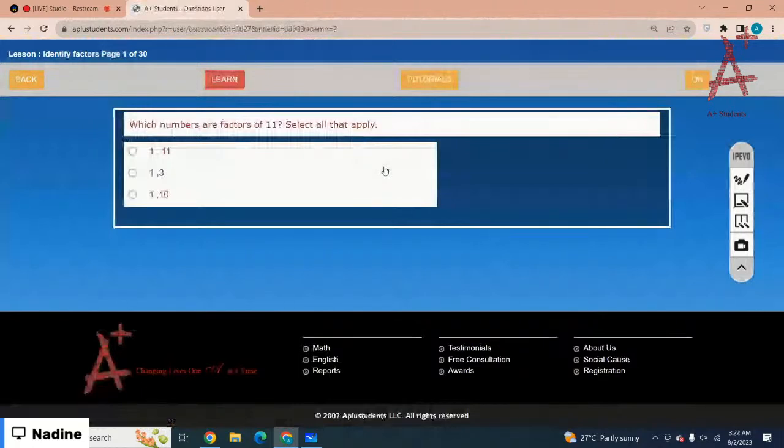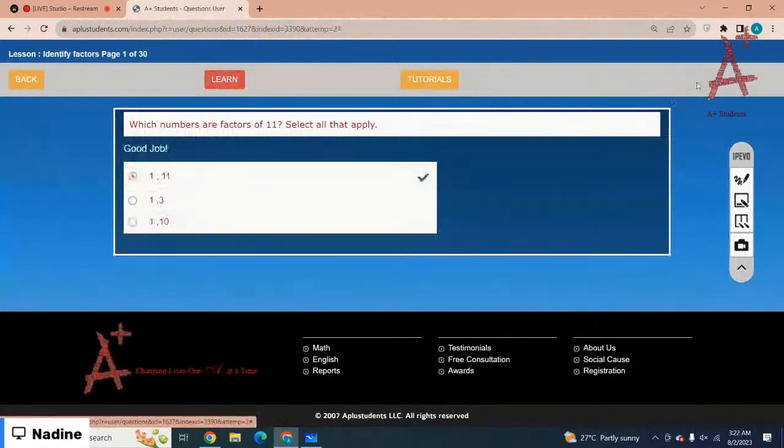Because 3 times 1 is 3 and 10 times 1 is 10. Only 11 and 1 make 11. Basically, the factors are the two numbers that when multiplied make the given number. So 1 times 11 makes 11. Got it?